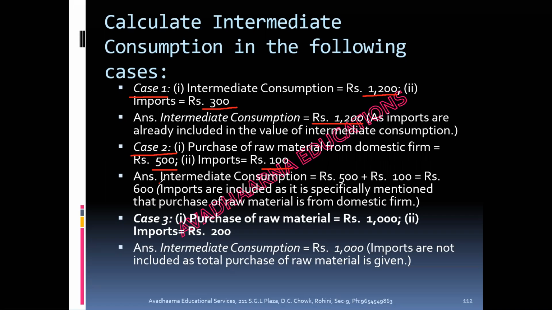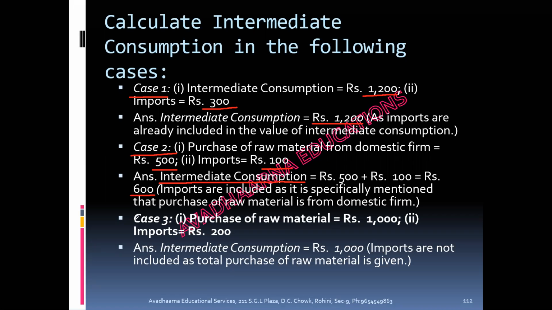So in this case, the intermediate consumption will be ₹600. अब आपने क्वेश्चन में देखना है कि अगर क्वेश्चन में परचेज ऑफ रॉ मटेरियल सेपरेटली दिया हुआ है तो हम इंपोर्ट्स को इंटरमीडिएट कंजम्पशन कैलकुलेट करते समय कंसिडर करेंगे. अदरवाइज अगर इंटरमीडिएट कंजम्पशन दिया ही हुआ है तो उसके अंदर इंपोर्ट्स ऑलरेडी इंक्लूडेड होती हैं.